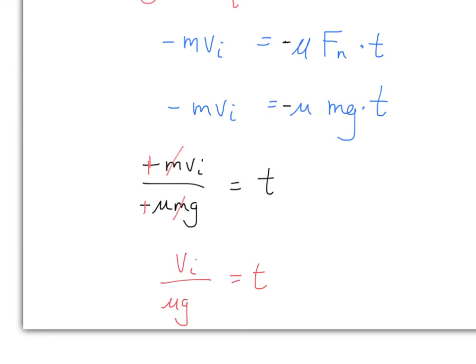Okay, so think about the problem itself after you simplify and cancel things out. So the time it takes for this object to stop, what do you get for the time?